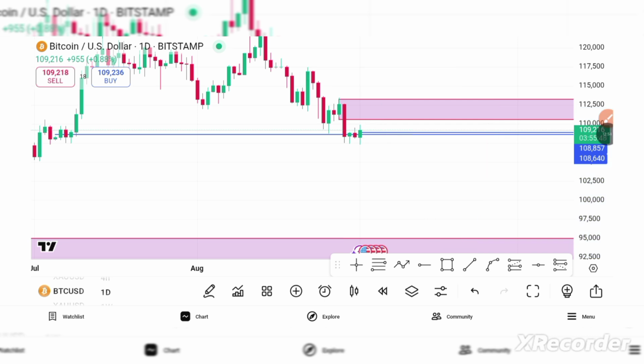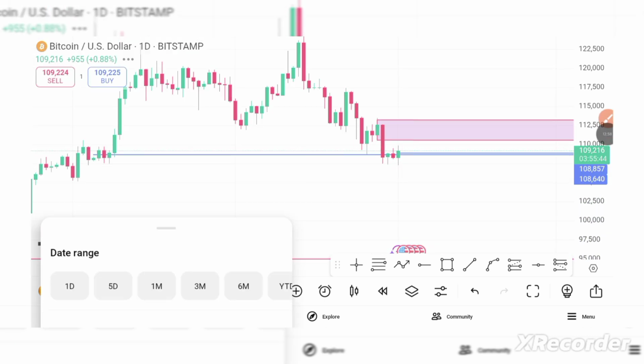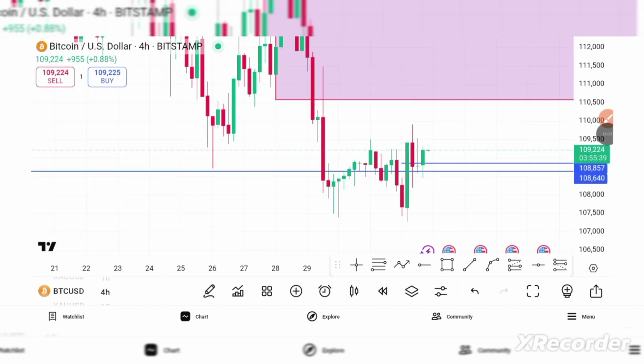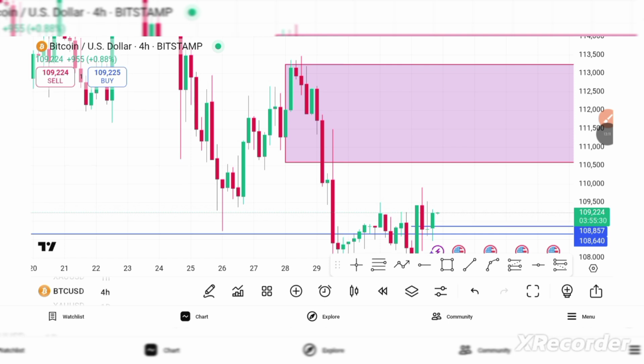So on BTC-USD, this is what I saw on the market. Price has fake structure over here, claiming it has changed character, but this is not the case.